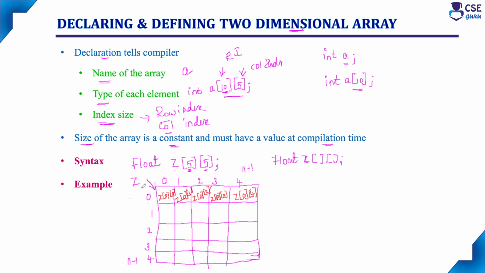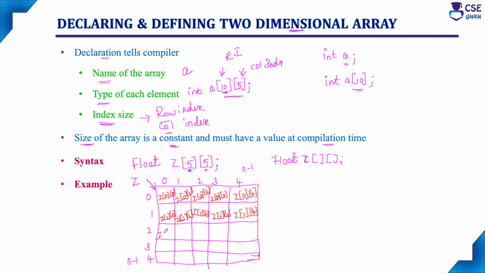The array name is Z. Next, considering the first row, Z of 1 comma 0, and similarly Z of 1 comma 1, and next Z of 1 comma 2. So row value is 1 and column is 2. This is Z of 1, 3, and the next one is Z of 1, 4.